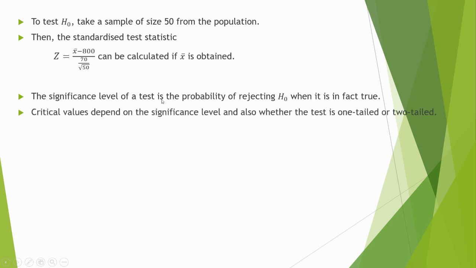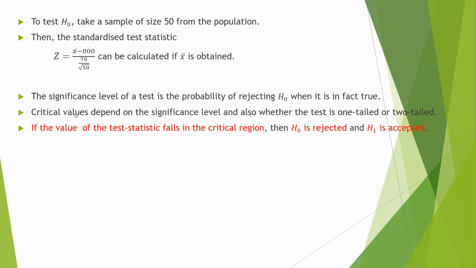The significance level of a test is the probability of rejecting H0 when it is in fact true. Critical values depend on the significance level and also on whether the test is one-tail or two-tail. If the value of the test statistic falls in the critical region, then H0 is rejected and H1 is accepted. Please take note of this.